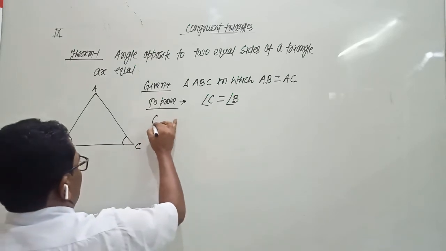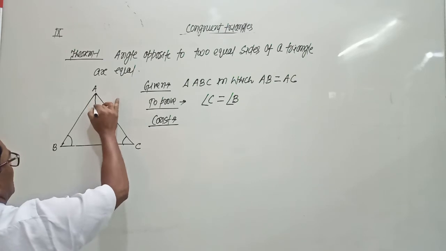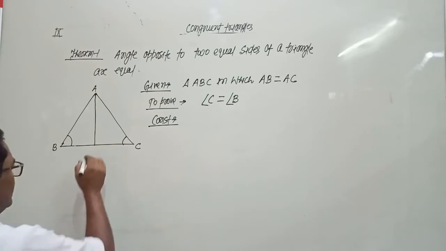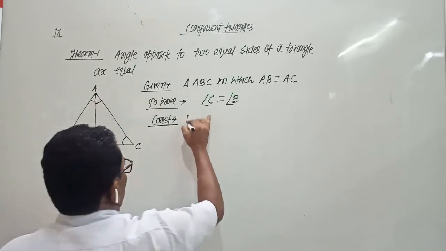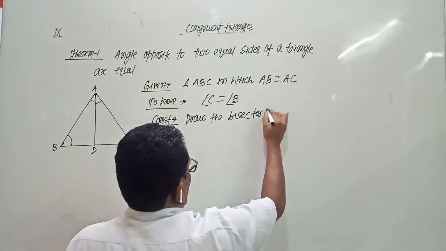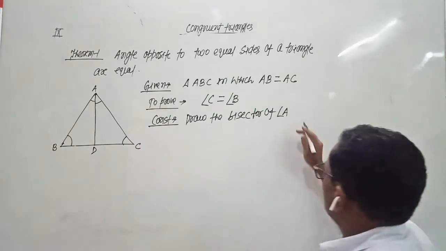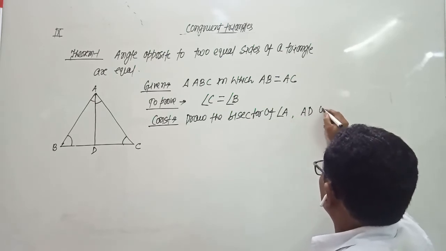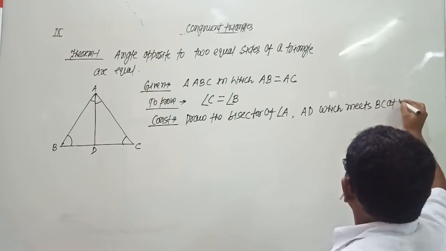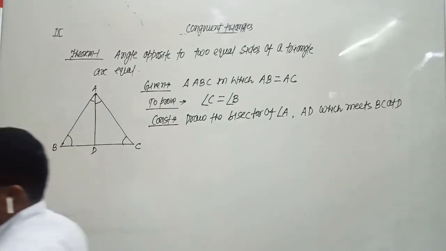So the construction is: draw the bisector of angle A, AD, which meets BC at D. This is the construction.